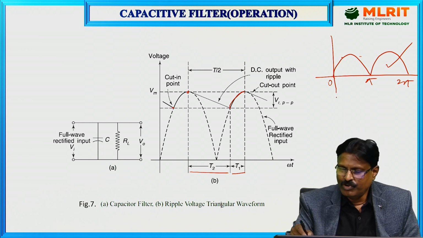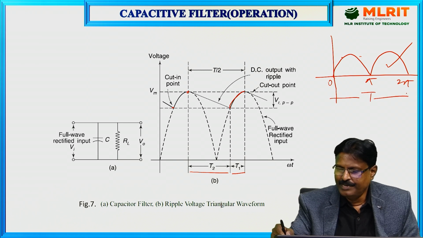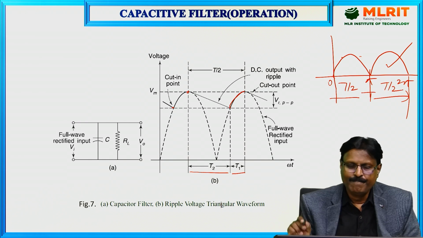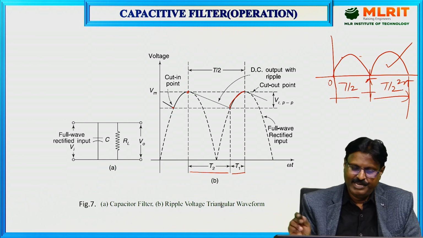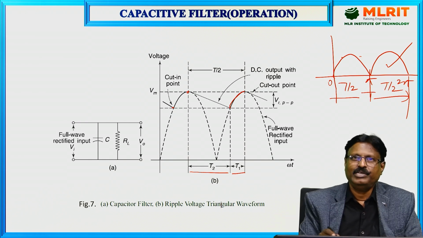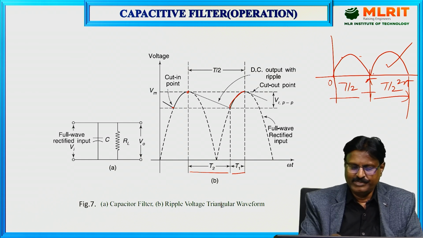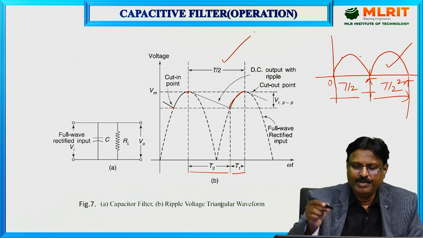So this total time period is capital T. Positive half cycle is T by 2 and negative half cycle is T by 2. So the total time period is T, and this charging and discharging of the capacitor happens in half of the cycle. That's why T1 plus T2 must be equal to T by 2.